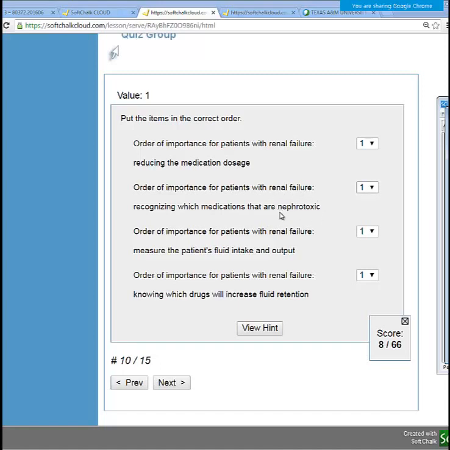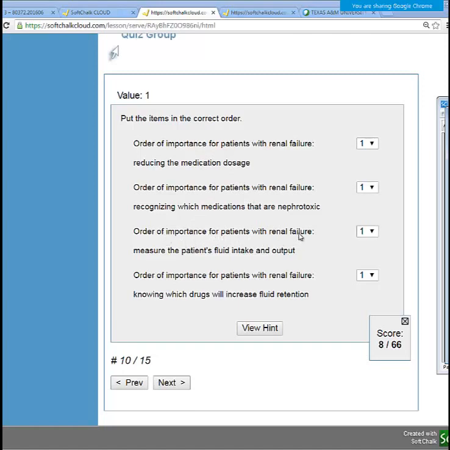Nephro is kidney, toxic is going to hurt it. So that's a big one. Reducing medication dosage is a big thing with renal failure, because a lot of drugs are cleared by the kidney, right? The kidney is the chief organ of elimination. So if they can't eliminate it, the drug builds up in the blood.